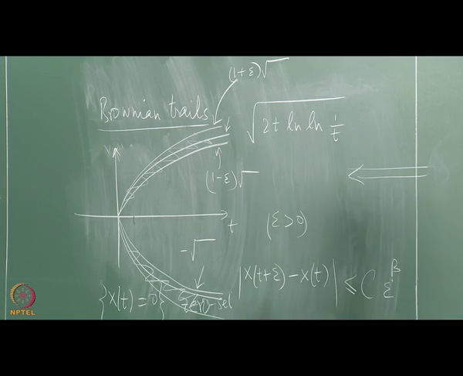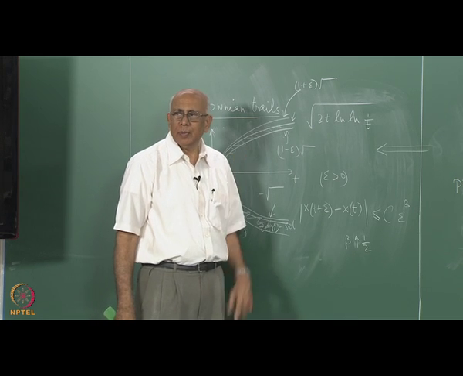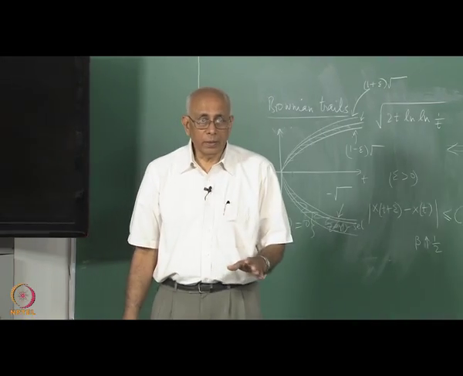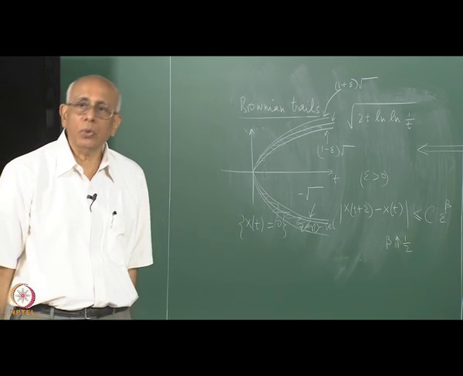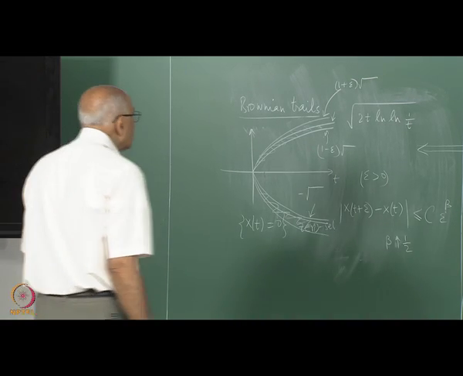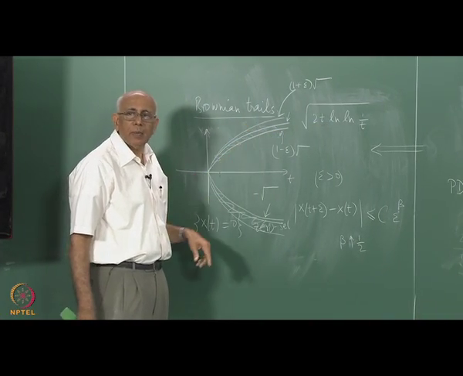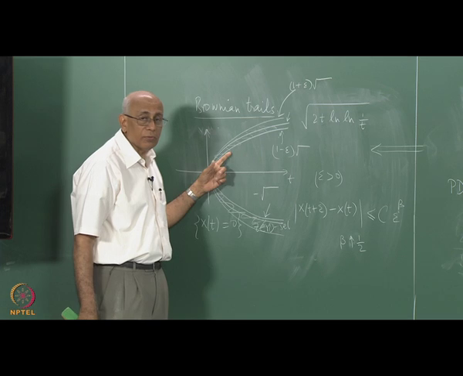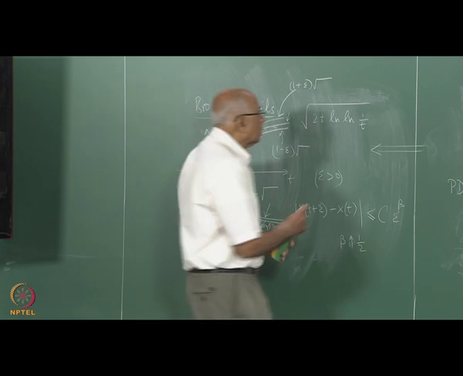So look at what is happening. We sort of know that the root mean square displacement is proportional to square root of t. The mean square displacement is proportional to t, so the root mean square is proportional to root of t. So we kind of know there is a square root of t sitting here, that will be like the mean square displacement. But now we are making a statement about the path itself, these points. This is called the law of the iterated logarithm.